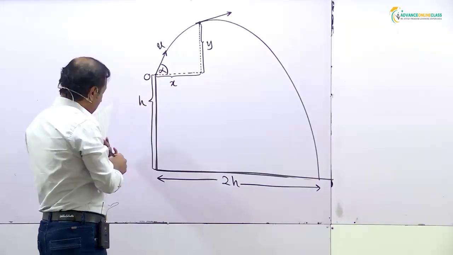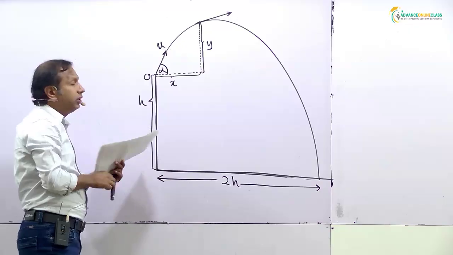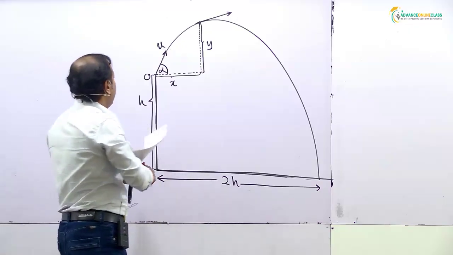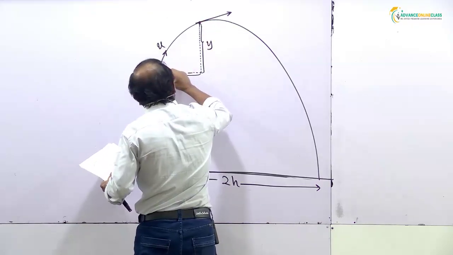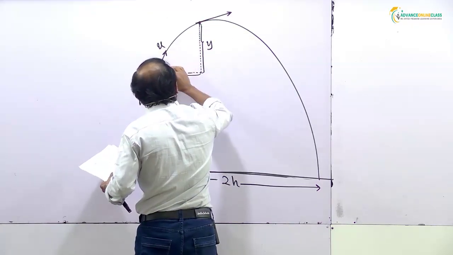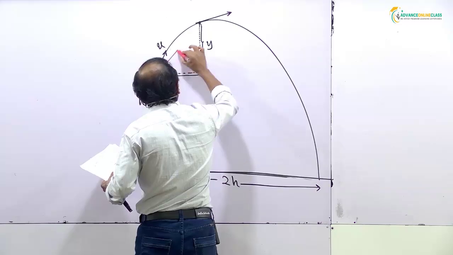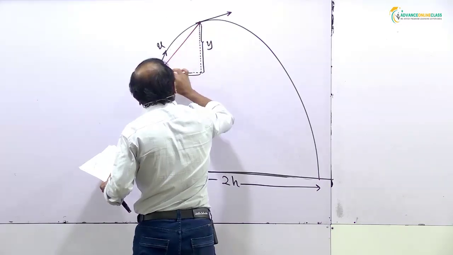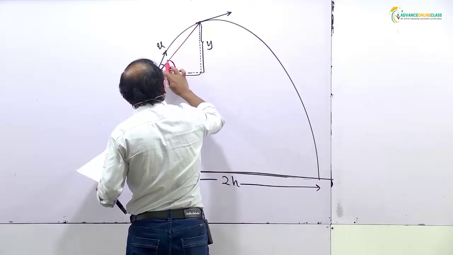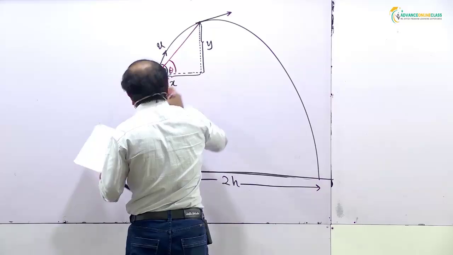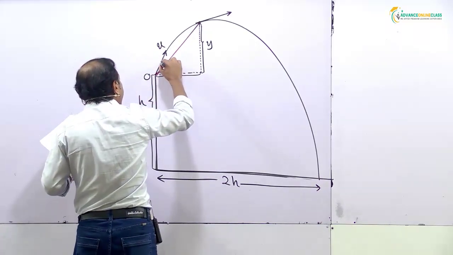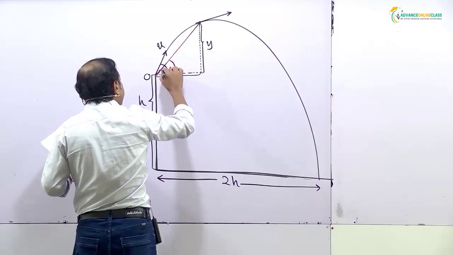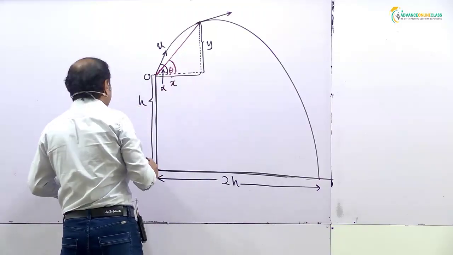The angle of elevation at time t means we join O and this point this way. This is theta. This angle is alpha.